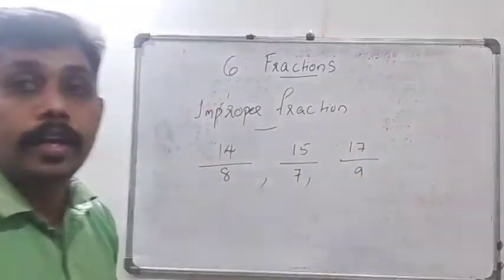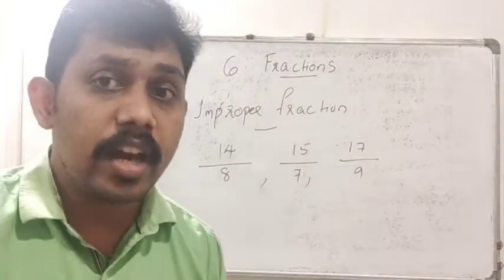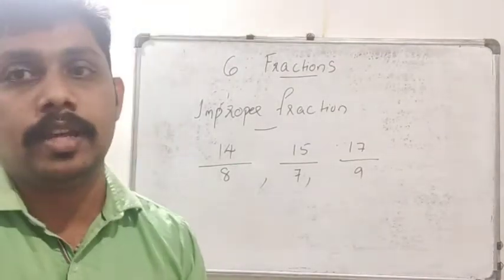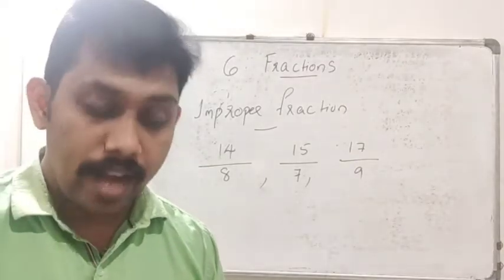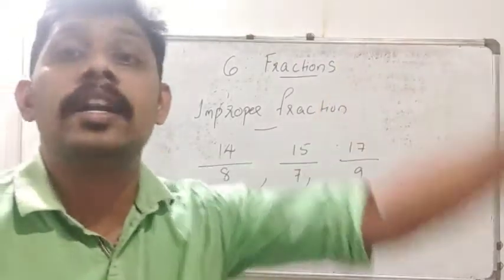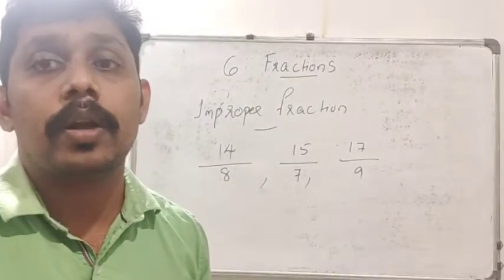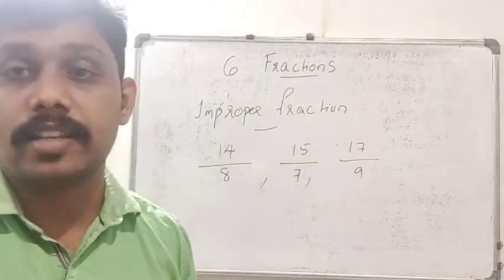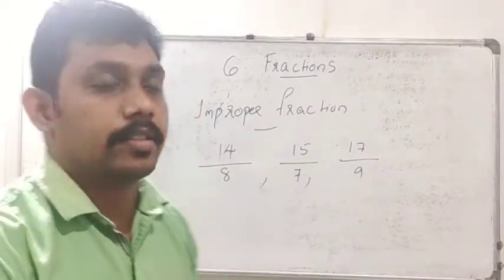Then they are called improper fractions. So in proper fractions the numerator is less than the denominator, but in improper fractions the numerator of a fraction is greater than the denominator, or equal to the denominator. They are called improper fractions. Okay, so this is proper and improper fraction.